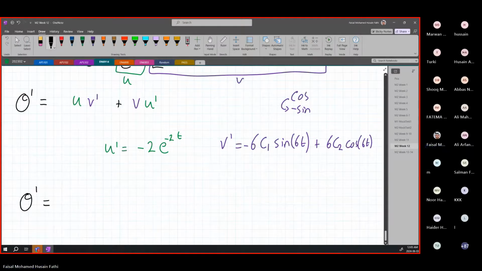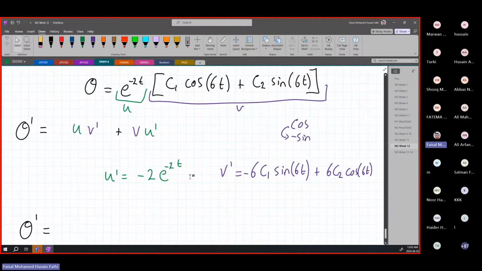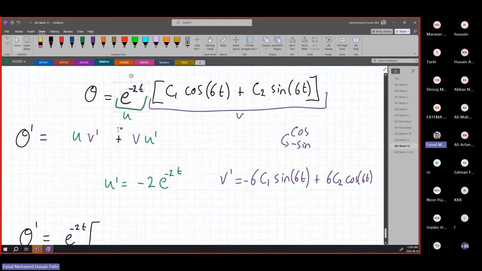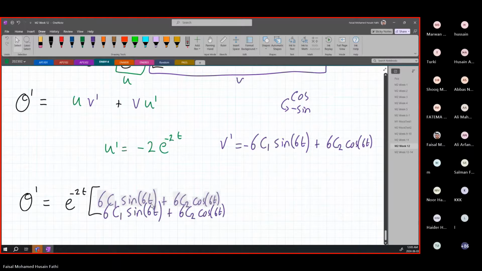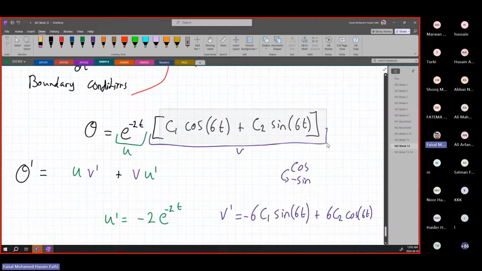theta prime is equal to u times v prime, which is u, e to the power minus 2t, times v prime. So this is our u. V prime is all of this. I'm just going to copy paste it here. Plus V, which is all of this.